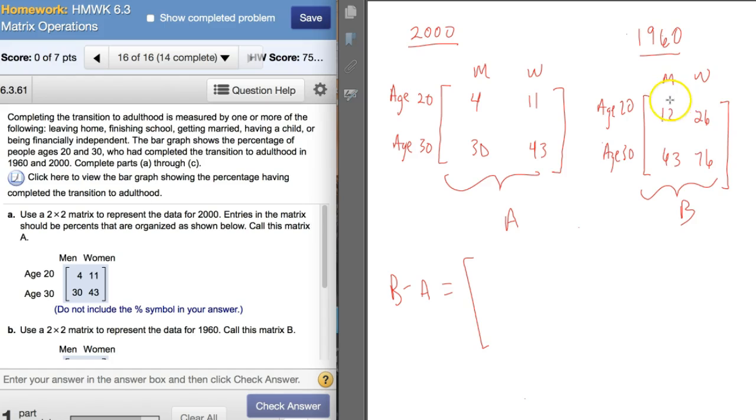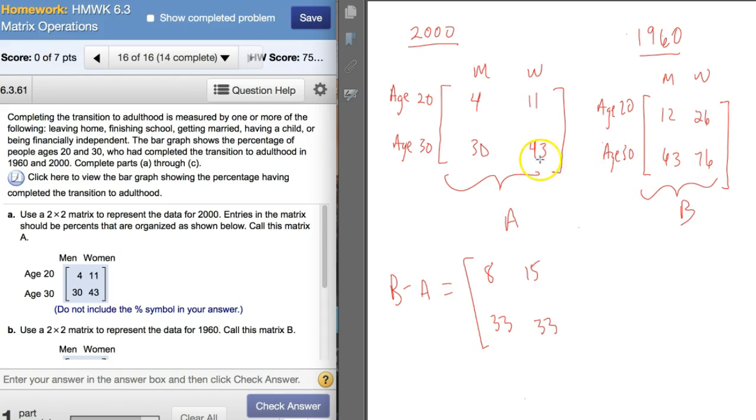So here we would have to say B minus A, so we need to go back this way. So 12 minus 4 would be 8. 26 minus 11 there would be 15. 63 minus 30 would be 33. And 76 minus 43 would be, I think, 33, I believe.